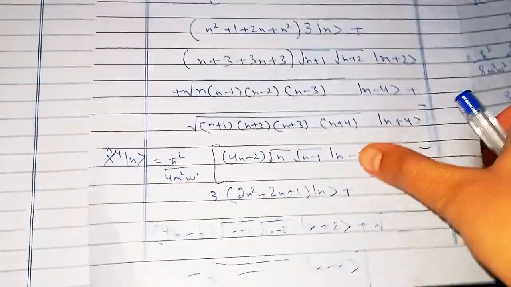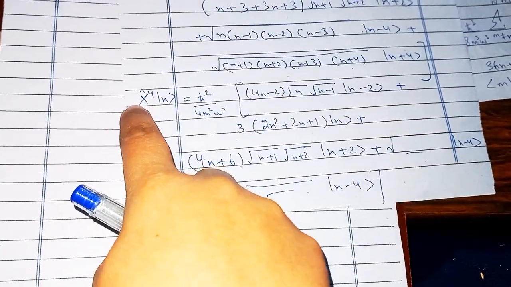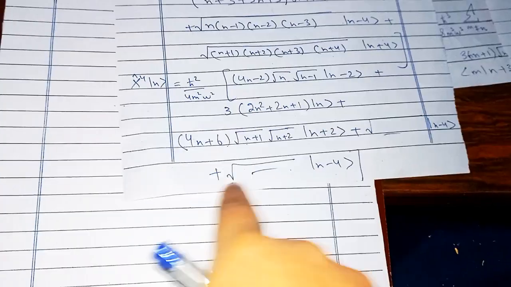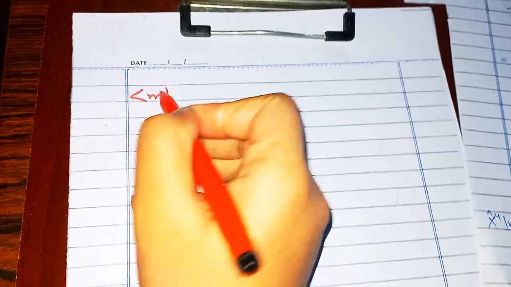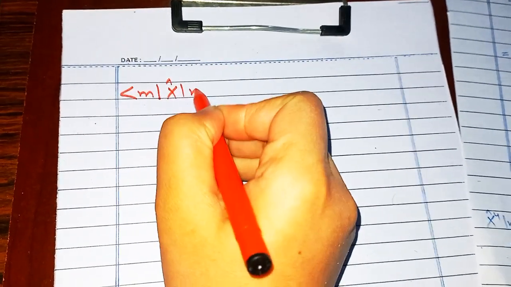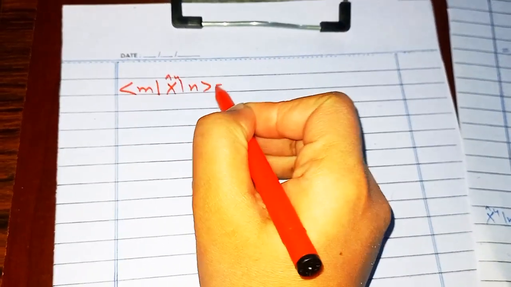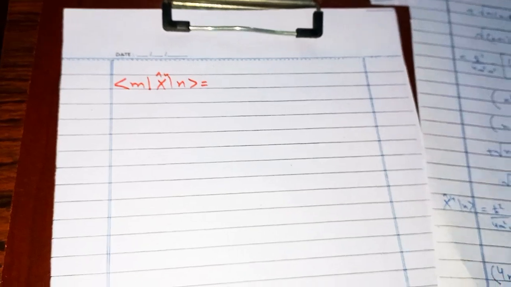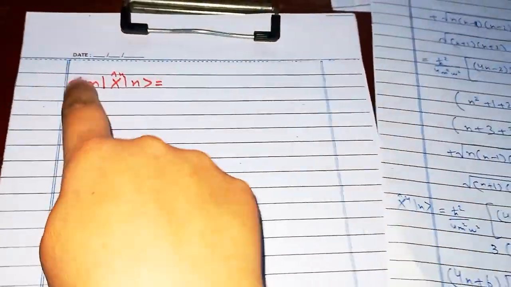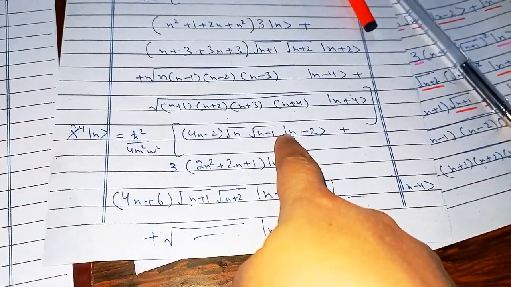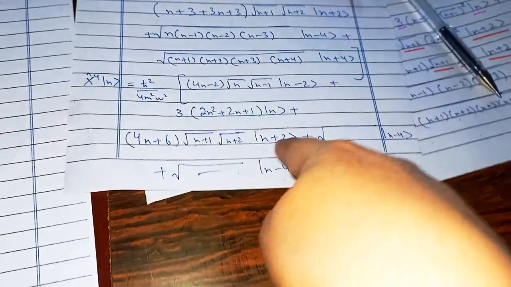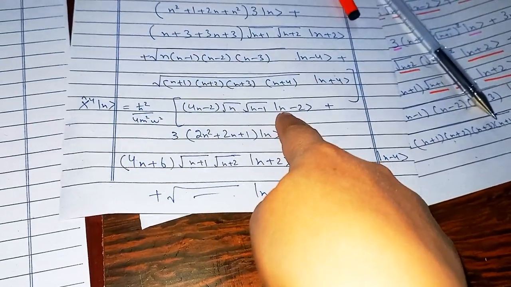So this is actually equal to, we'll simply multiply the bra vector on the left hand side, and we'll get the expression. Since it's a bra vector, it will be written with these kets, okay, we'll write them directly with kets, and the constant will come outside.